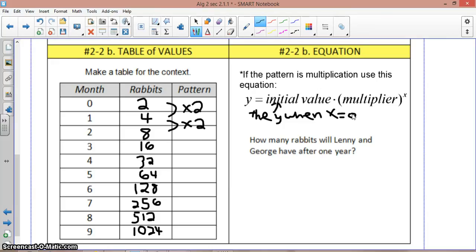Here we're multiplying by 2. So for this, our equation would be y equals the initial value, which is the y value when x is 0. So x is 0 here, so it's 2, times our multiplier, which happens to be 2 as well, to the x power.